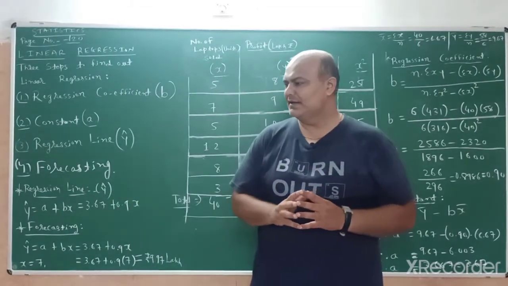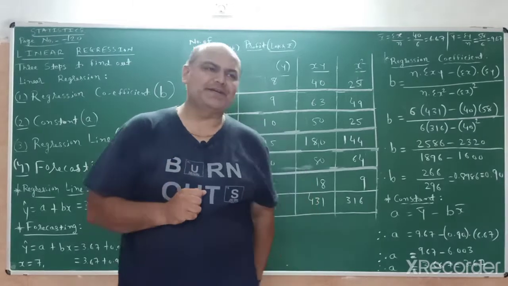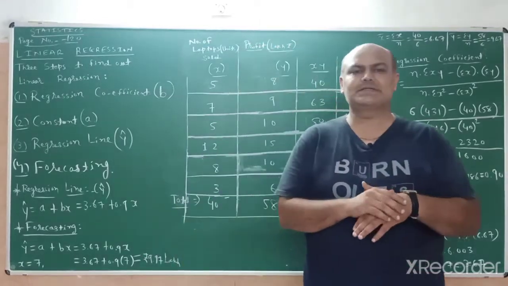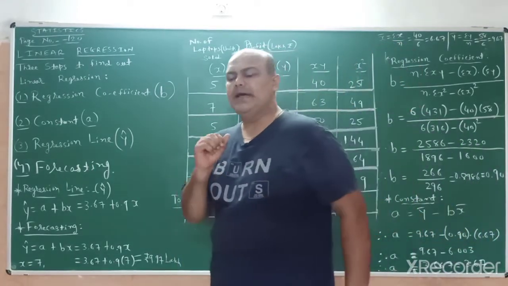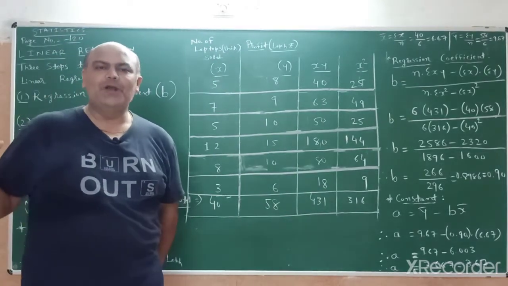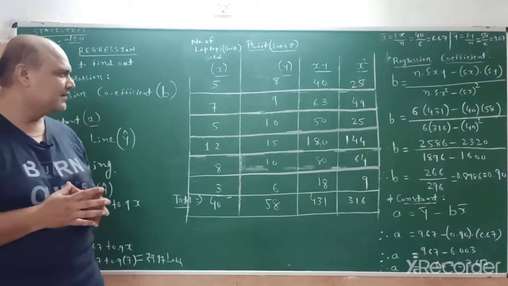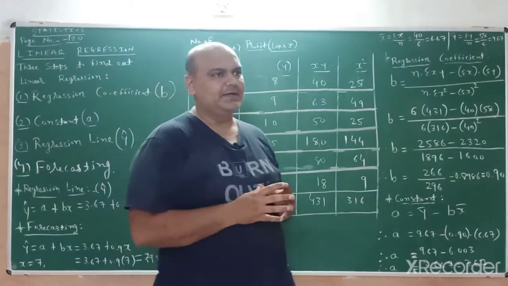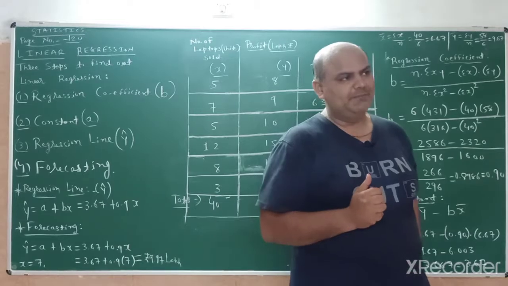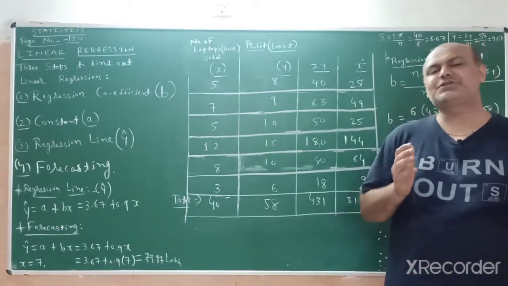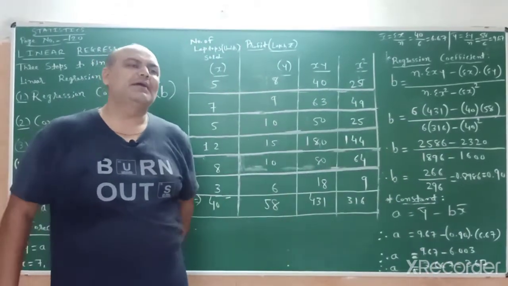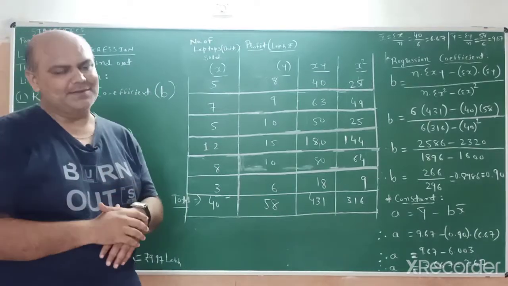Statistics part 1. We are studying linear regression. In previous video lectures, friends, you all know that we studied different formulas of regression, the concept of regression, that is, regression is a mathematical functional relationship between two variables in which, when there is a change in one variable, the unknown variable can be found out with the help of the known variable.